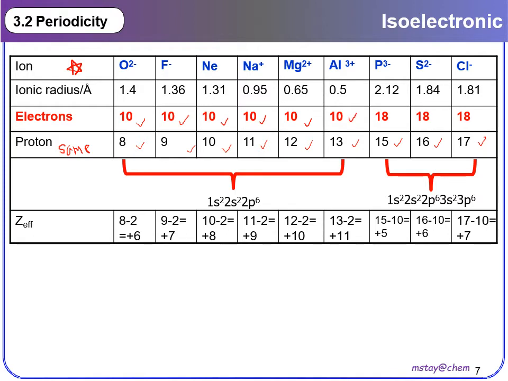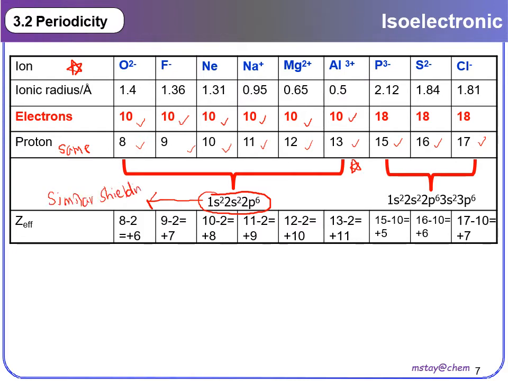When we look at here, all these species from the O2 negative up to Al3 positive have the same number of electrons. So when we write the electron configuration, it will be from 1s2 up to 2p6. Just now we already mentioned, because their electronic configurations are similar, they are going to have similar shielding effect.